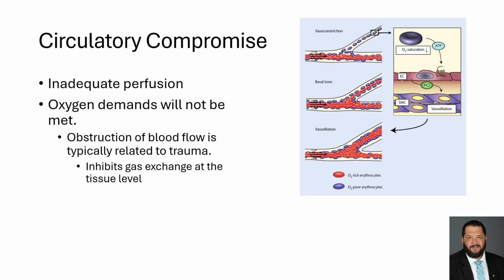Circulatory compromise can also play a significant role in the inability of the cells to become oxygenated. If there's inadequate perfusion, ultimately oxygen demands are not going to be met at the cellular level. We can onload the hemoglobin with as much oxygen as we want. We can ventilate adequately. We can put them on 100% O2. We can even intubate the patient.